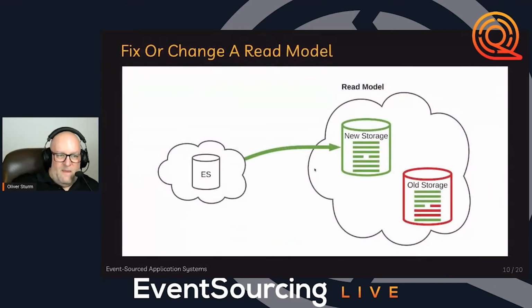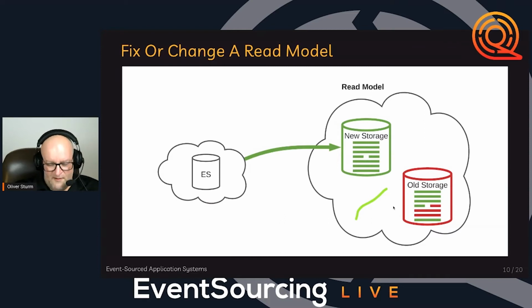Now, if an event model changes or needs to be fixed, which is technically more or less the same kind of thing, then of course the answer is to rebuild it. That's what is, perhaps hopefully, indicated by this entire scenario down here.